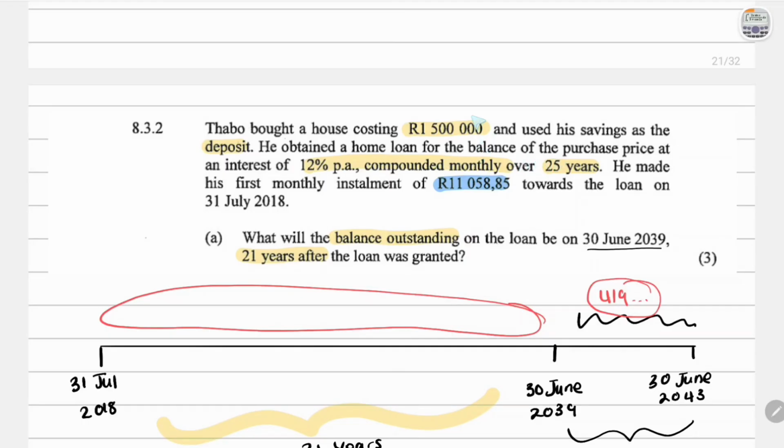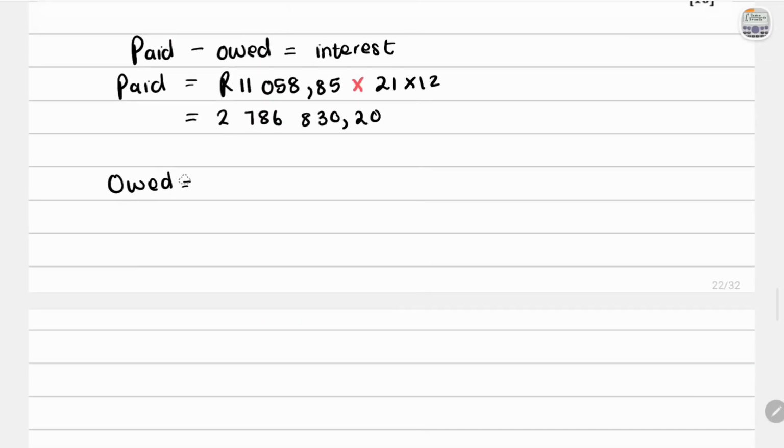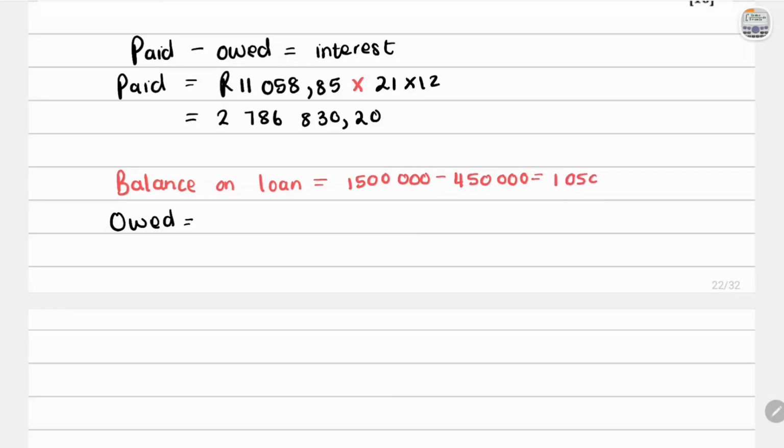So he doesn't just take out the loan on this amount. So this is an extra thing that we need to calculate. We need to find out what the balance on the loan was. And that would be 1,500,000 Rand minus 450,000 Rand. And that would be that balance, which is 1,050,000 Rand.